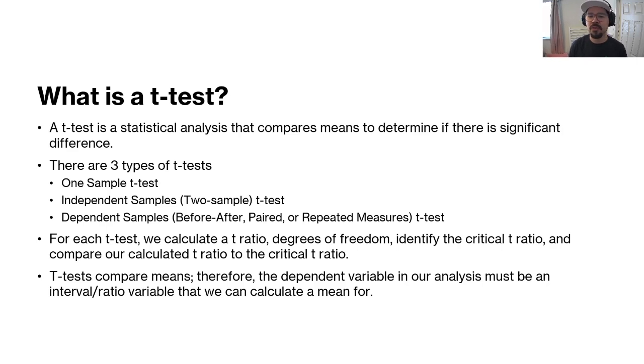We can't add different racial groups together, divide them by however many there are, and come to some sort of conclusion. For some ordinal variables, we also can't calculate an average. We can't add different educational levels. So being a freshman, we can't add that to being a junior, divide by two, and get something, right? So whatever our dependent variable is, it has to be something that we can calculate a mean for.